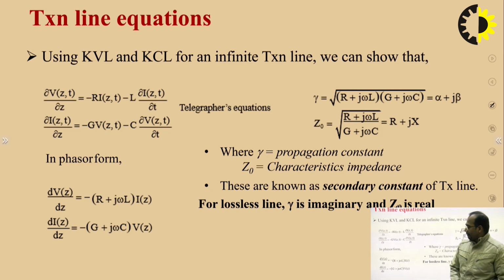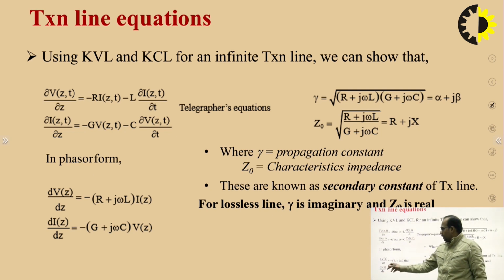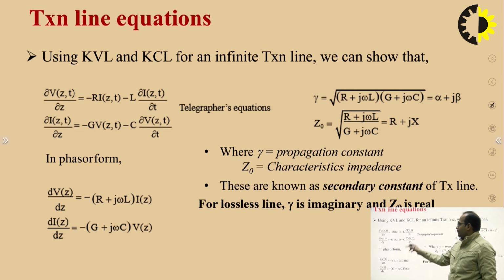So in the phasor form we can write dVz by dZ is equal to minus R plus j omega L into Iz. Or we can take the Laplace transform of equation 1 and equation 2.